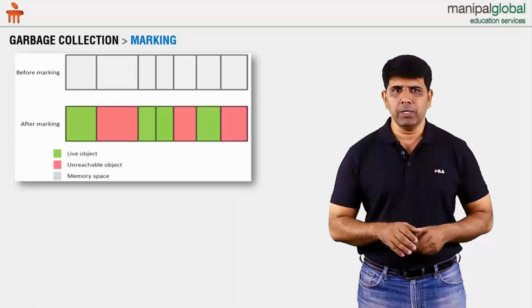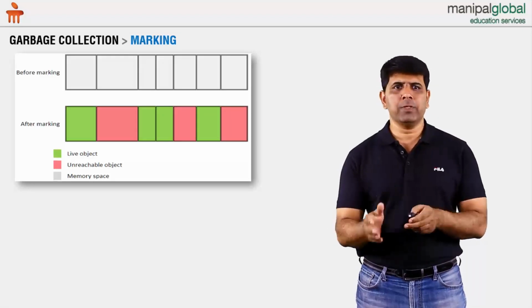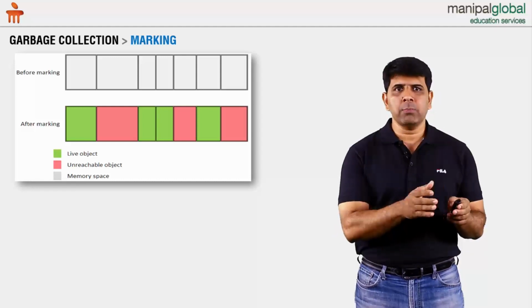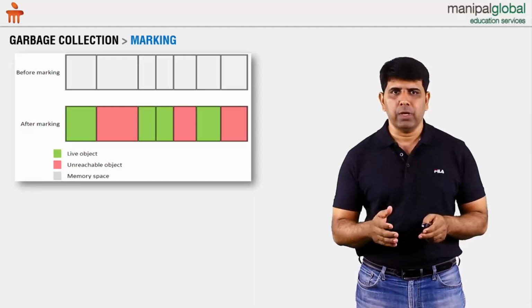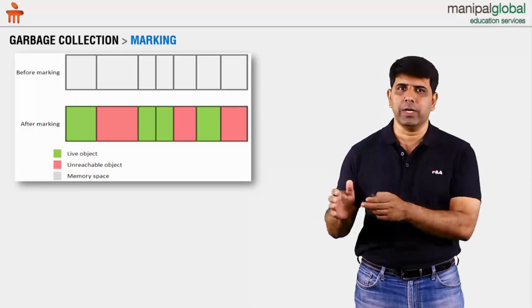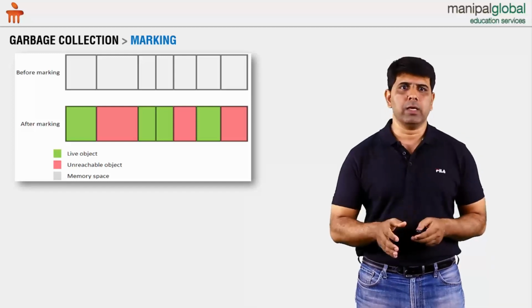Here is a picture representing before marking and after marking. In the memory there are a lot of objects, and objects get allotted again and again, and eventually you will run out of space. A garbage collector will run a process called marking.